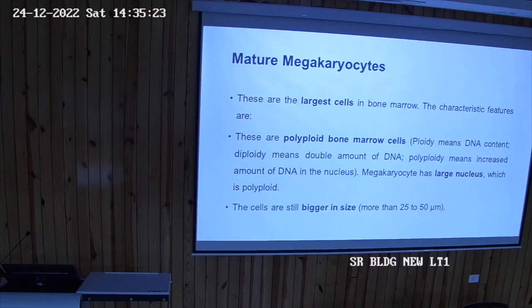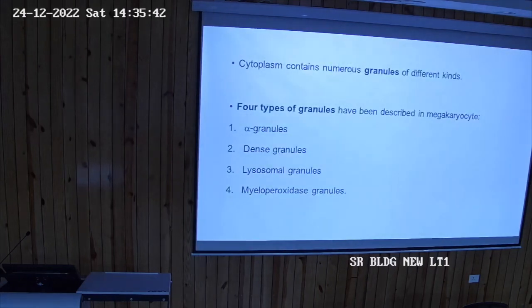Polyploid bone marrow cells. Ploidy means DNA content. Diploidy means double amount of DNA. Okay. Polyploidy means increased amount of DNA in the nucleus. They are the large nucleated cells. These cells are still bigger in size, more than 25 to 50 microns. Cytoplasm contains numerous granules of different kinds.